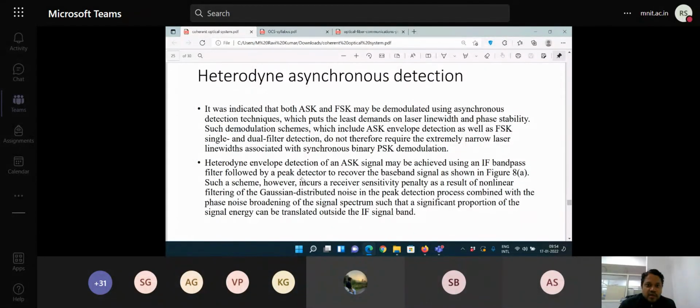Of heterodyne asynchronous detection, you can have ASK and FSK. Both can be demodulated using asynchronous detection techniques. And in asynchronous techniques, the laser line width and phase stability need not be constant.